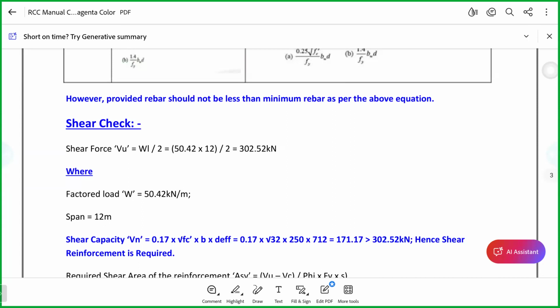How many years have you been doing this? From my childhood, since second grade. Really? Yeah. This is interlock flooring. Do you offer the raw material too?